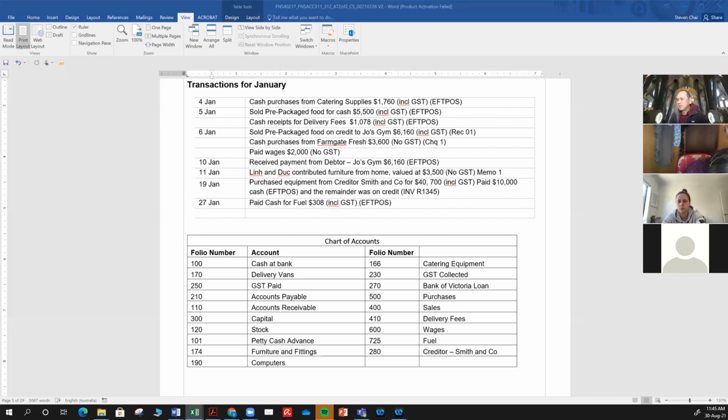Okay, where do you debit now? Equipment. And what is equipment? 166, catering equipment, right? 166 for $10,000.